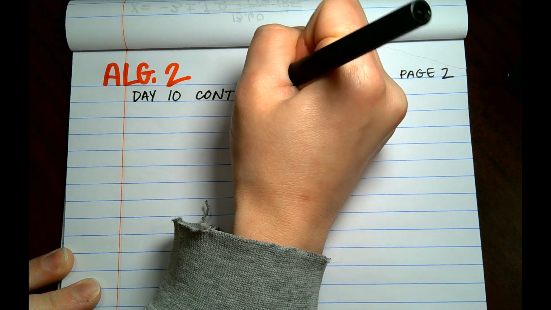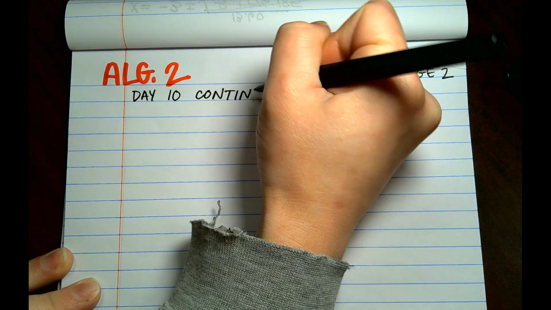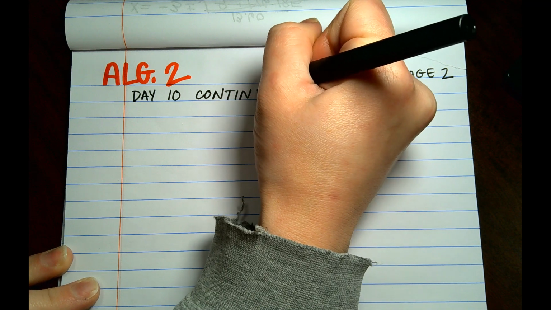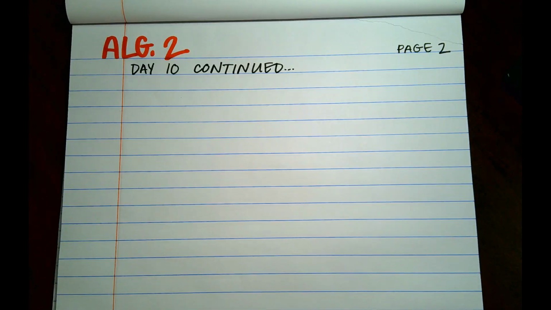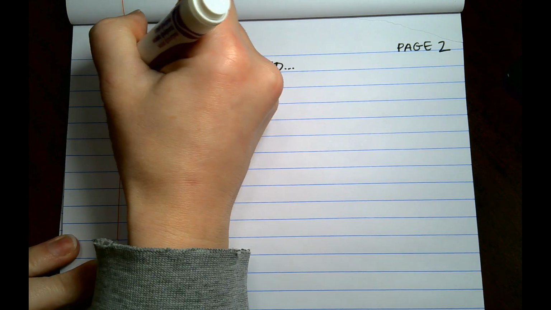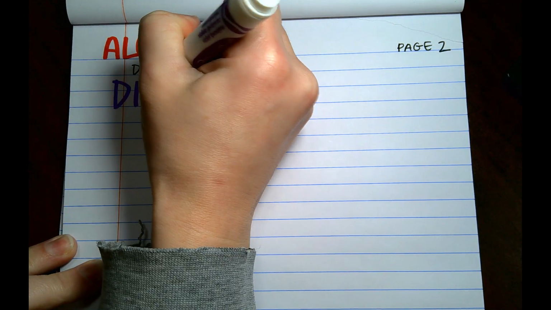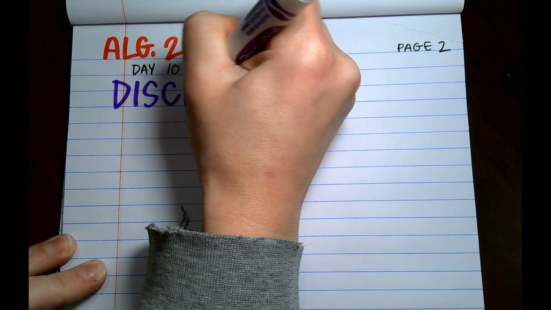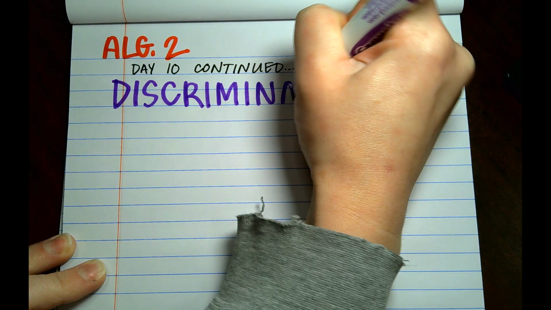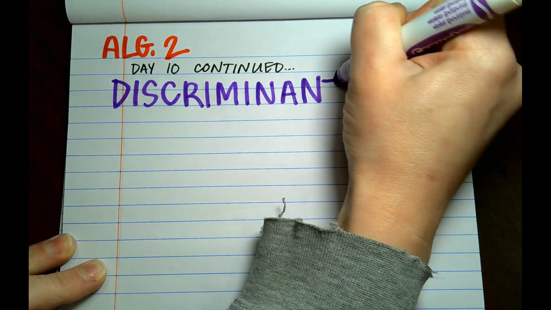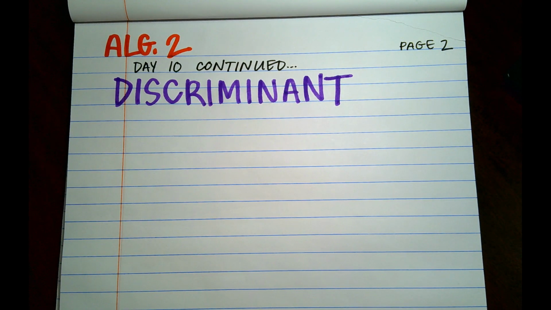And I think it will make doing the quadratic formula easier for all of you. Continued. Okay. So, this is something called discriminant. Discriminant. Fancy word.